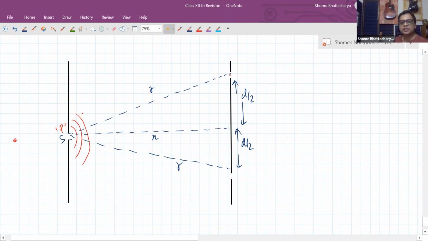So here the intensity of S1, I1, that will be P upon 4 pi r square, okay, multiplied by a factor which will be like this area, or you can say the power of light projected by S1 will be the intensity of light which is incident multiplied by a projected area.